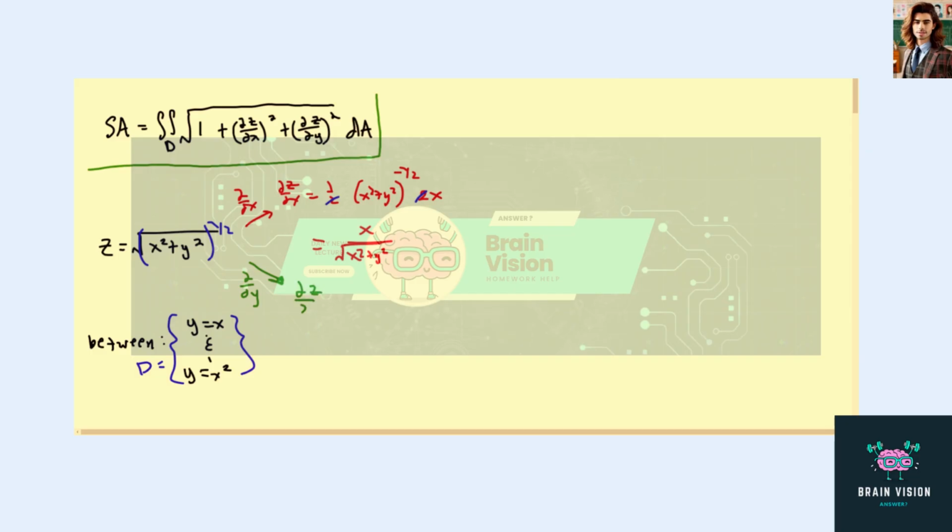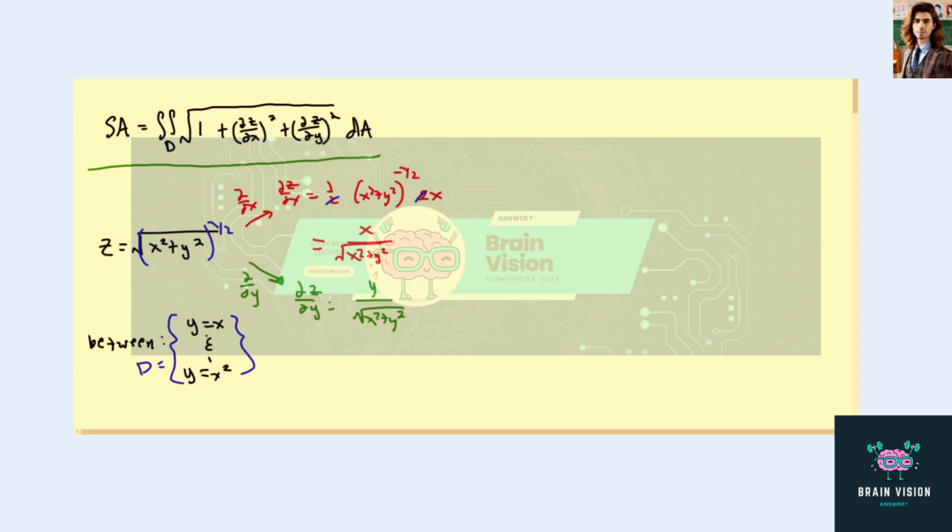If you check this, you'll end up getting y over the square root of x squared plus y squared. Anytime you have this symmetry going on, or if you can interchange the variables and it still gives you the exact same equation, because y squared plus x squared is the same thing as x squared plus y squared, you can use that to find the derivatives a lot faster. So I'm just going to do that.